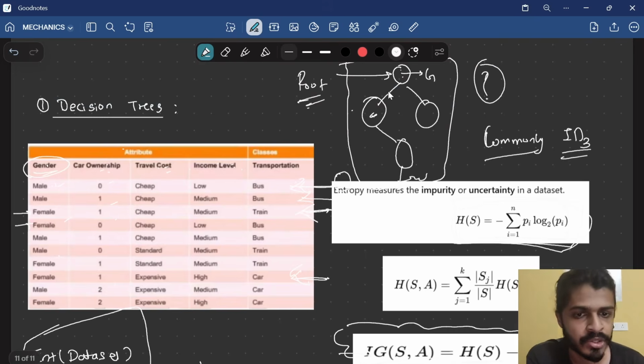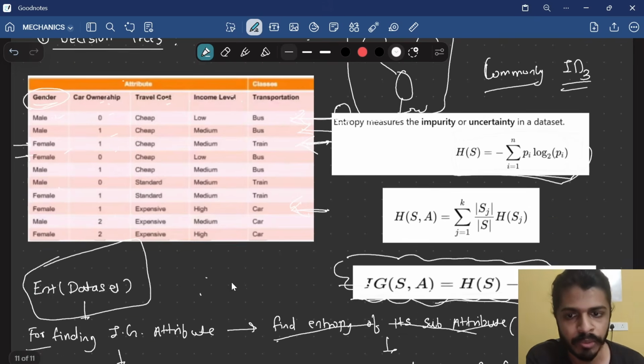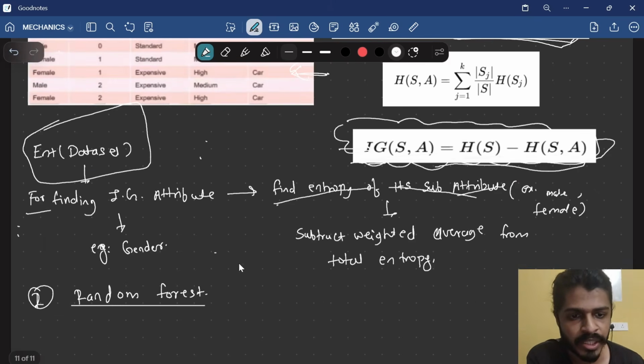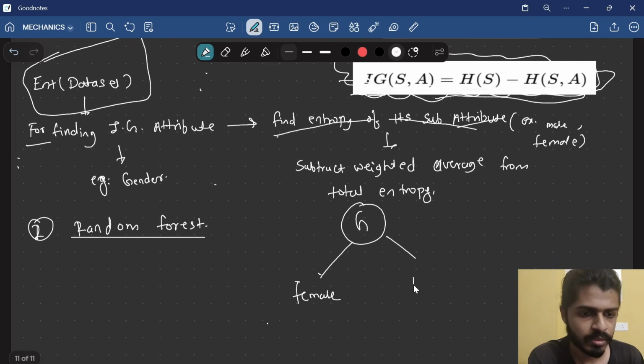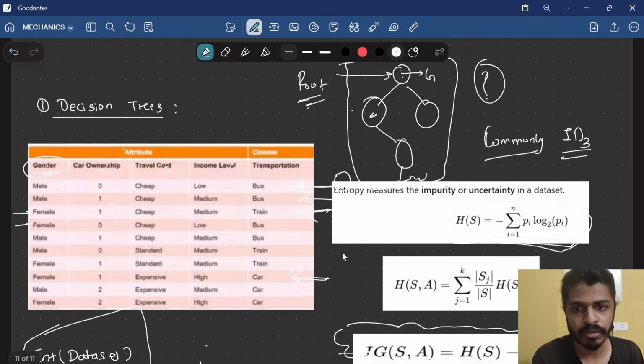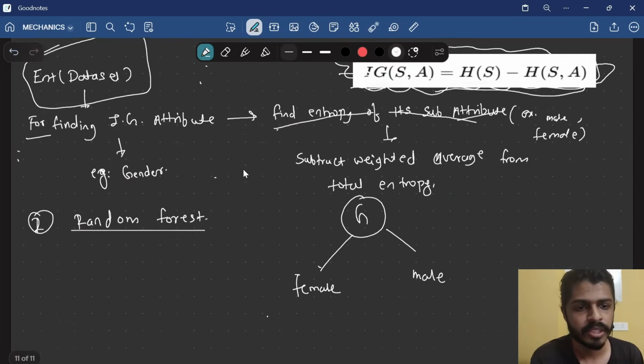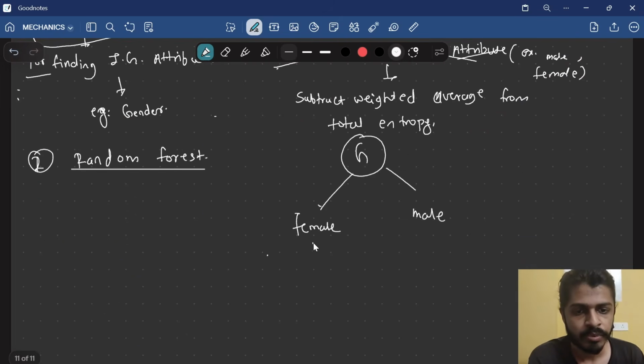For selecting the next node, we form a new table. For example, you have selected gender as the root node. Now there can be two genders, female or male, right? Now we have to choose the next node, which will be car ownership, travel cost, or income level. How do you choose that?